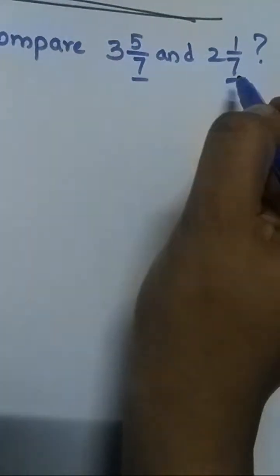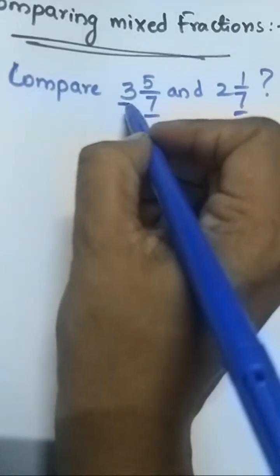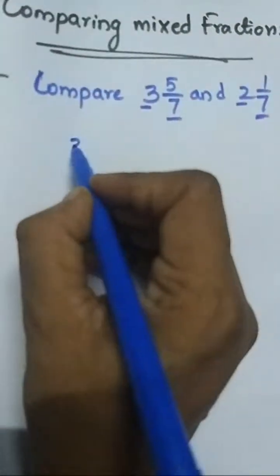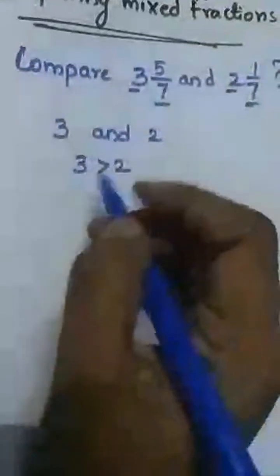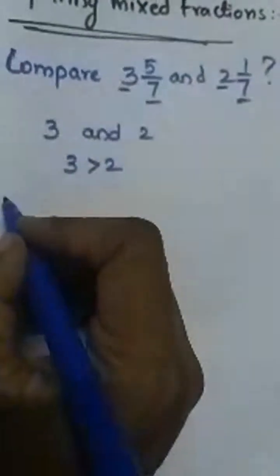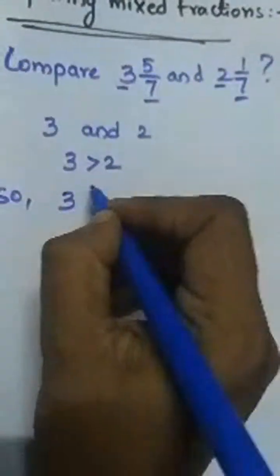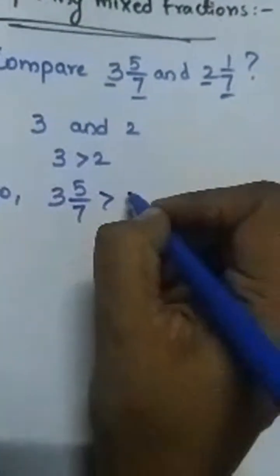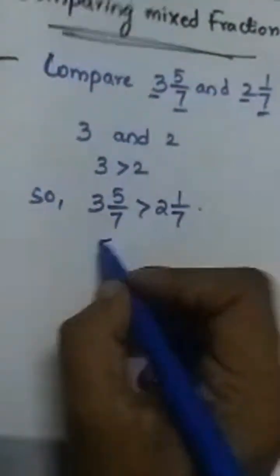When like denominators are there, we can compare these whole numbers. So 3 and 2: 3 is greater than 2. The whole numbers are different, no? 3 and 2. Then the given fraction, this one is greater than this one. So easily we can say 3 5 by 7 is greater than 2 1 by 7.